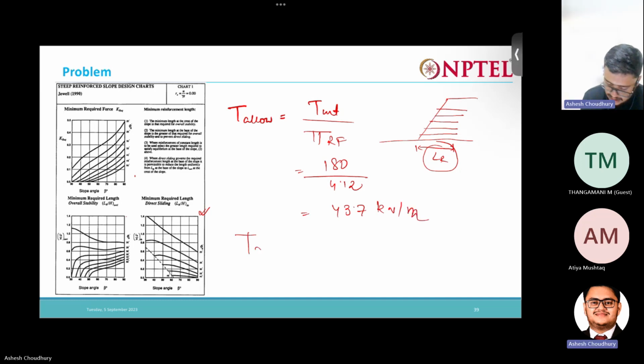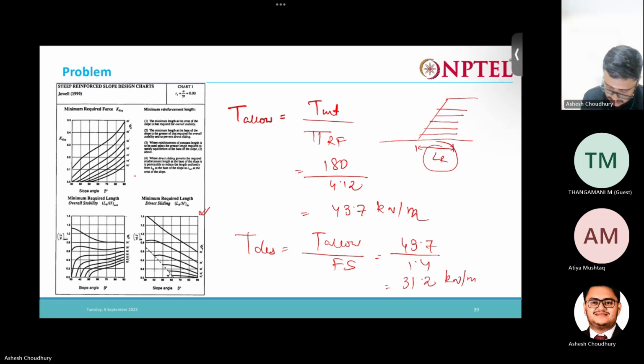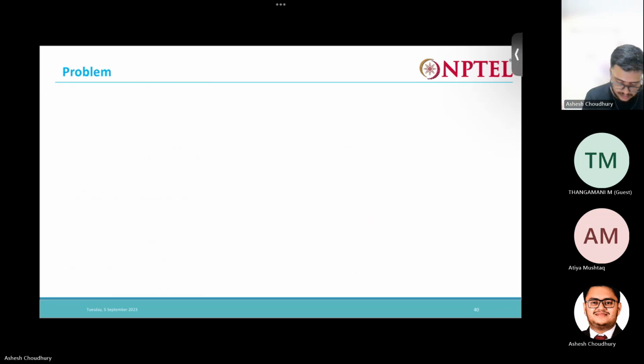Now from here we can apply the design factor of safety, which is the factor of safety for the strength. Then we get the design tensile strength.